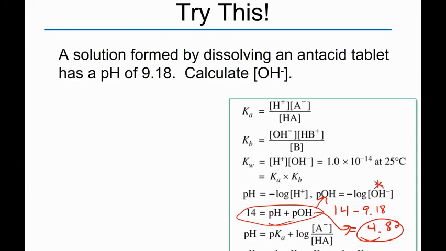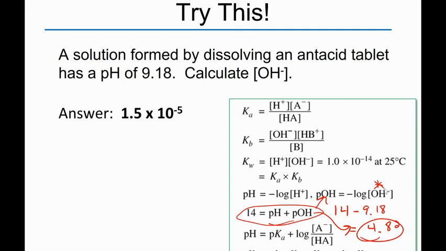So in your calculator, first of all, we're going to take negative 4.82. And on your calculator above the log button, you probably have a 10 to the x. On mine, I have to hit shift and then log to get the 10 to the x. If you do that, you come up with 1.5 times 10 to the negative fifth.